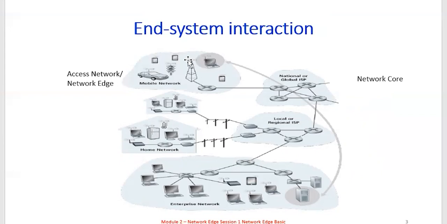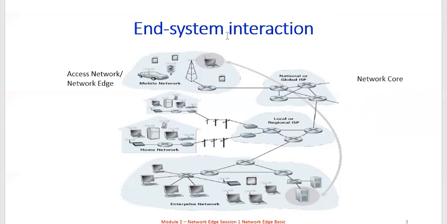For example, if you take this mobile network, this base station is acting as an edge node, and these nodes are accessing the service provided by this base station. At the back end, the base station is connected to the ISP. That is the core network.